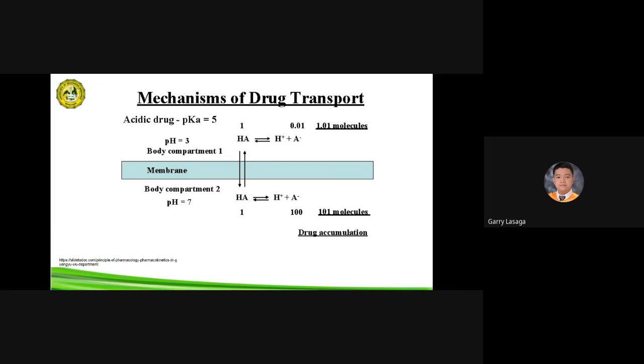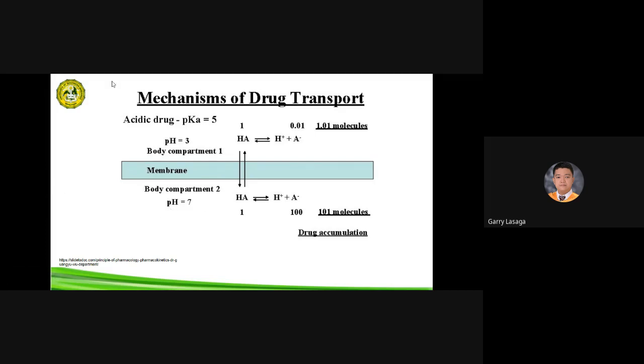So the rationale of that is, for example, in the urine, when there is toxicity due to an acidic drug, administering an alkalinizing agent, such as sodium bicarbonate, will alkalinize the urine.